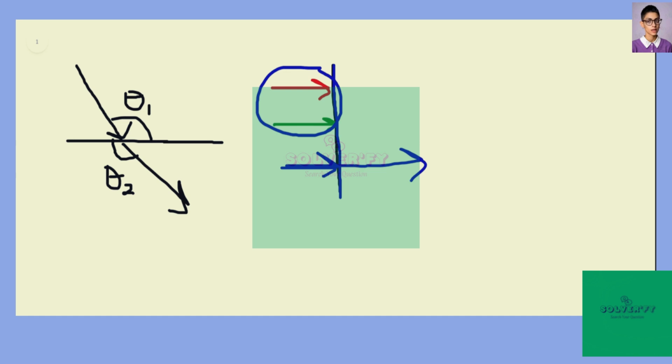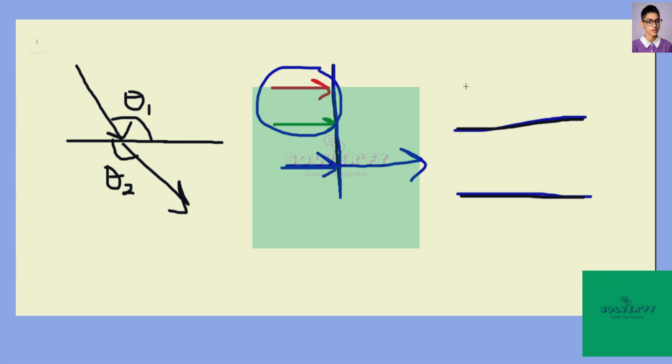The last one, thin film interference, is when light waves reflecting off the top and bottom surfaces of a thin film interfere with one another. Here, if we look at it, you have two surfaces, 1 and 2.